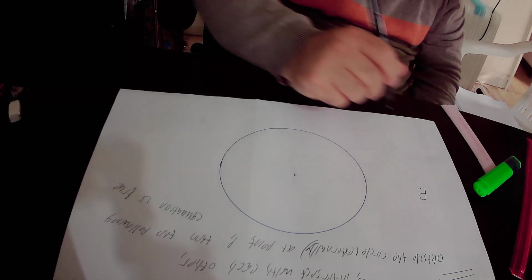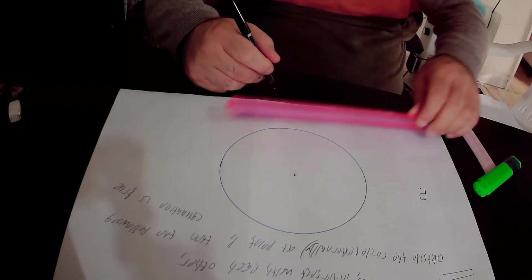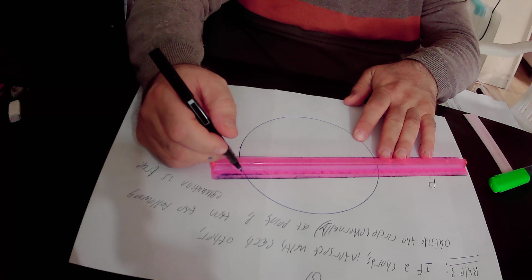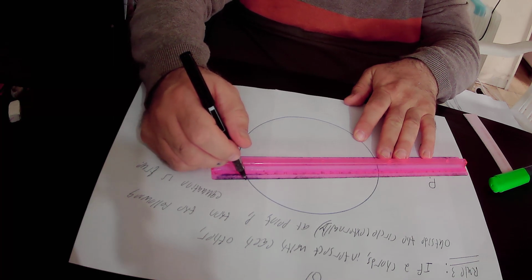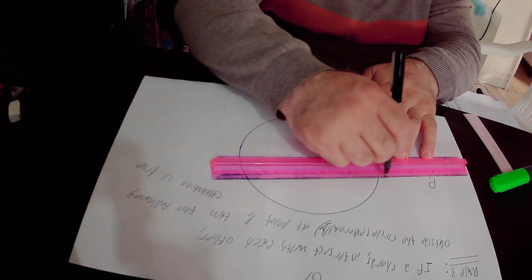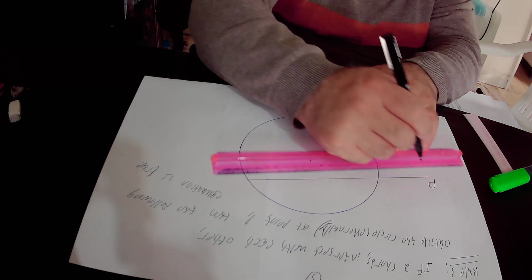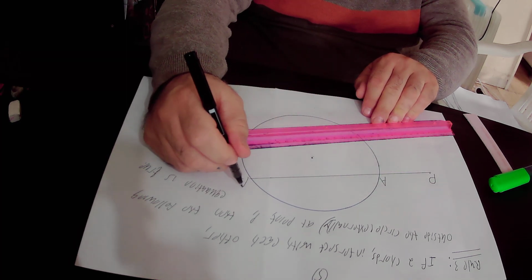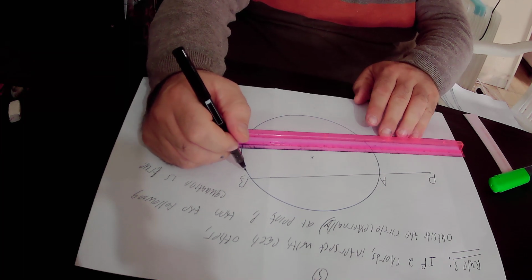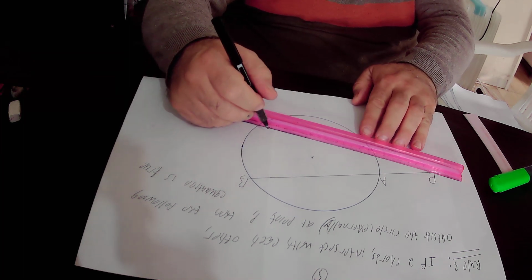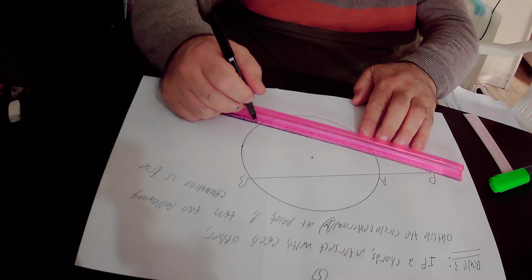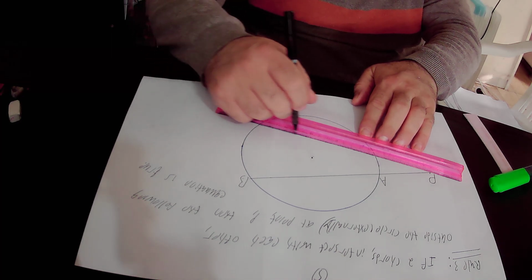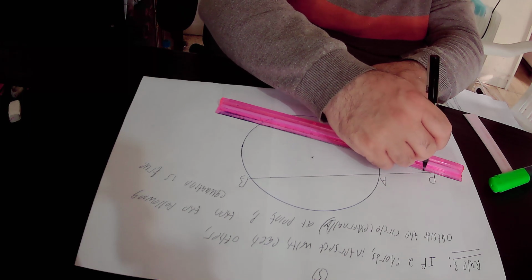The first chord is chord AB, and the second chord is chord CD.